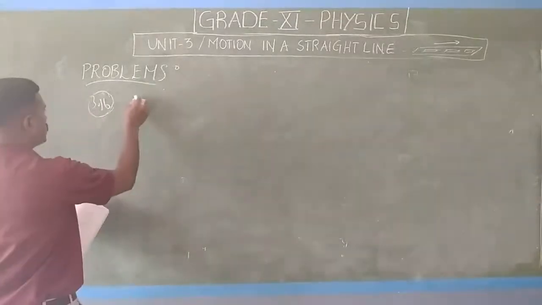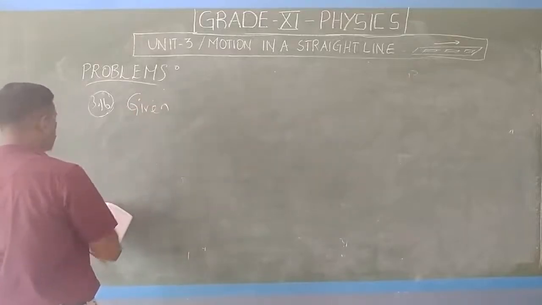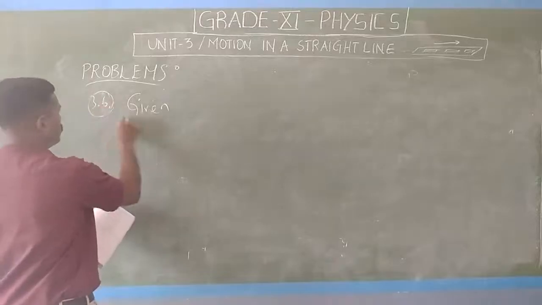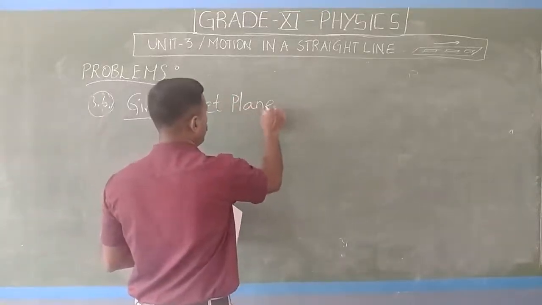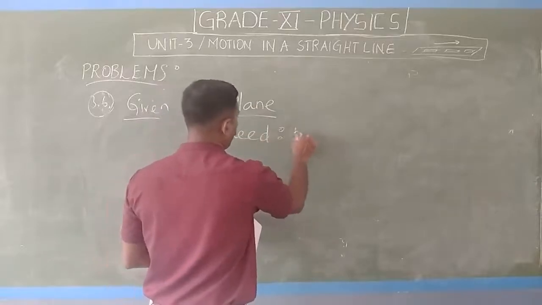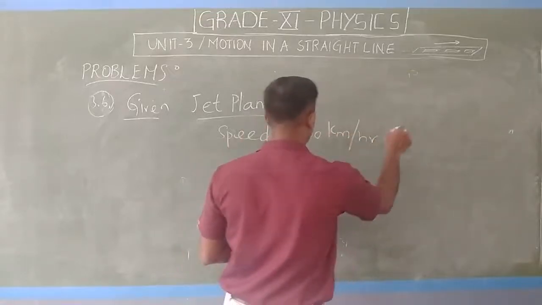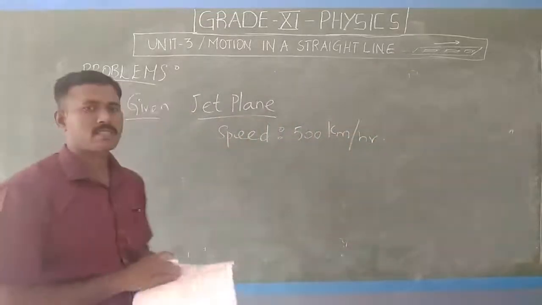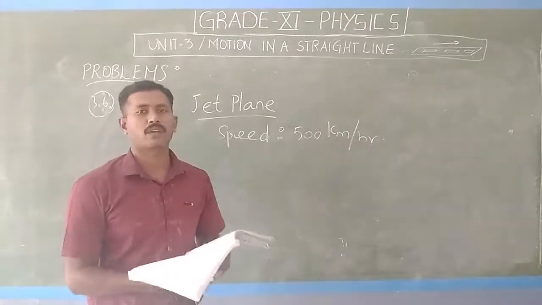What is given? Jet plane speed 500 kilometers per hour. Ejects its products of combustion at a speed of 1500 kilometers per hour.